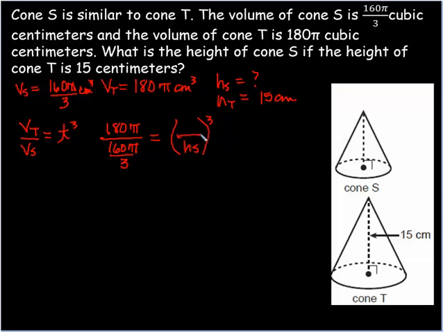But I wanted to put it there so you could see it, and I'm going to replace it with 15. Okay, now then, cross multiplying. This side looks like it'll be all right. Pretty easy to handle. 180 pi, and then I've got HS.